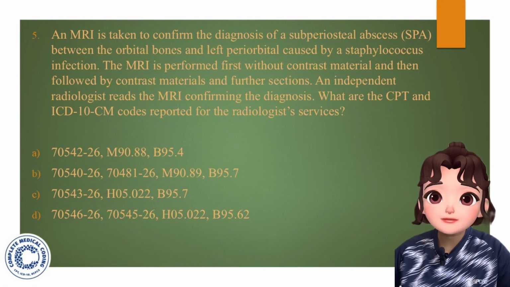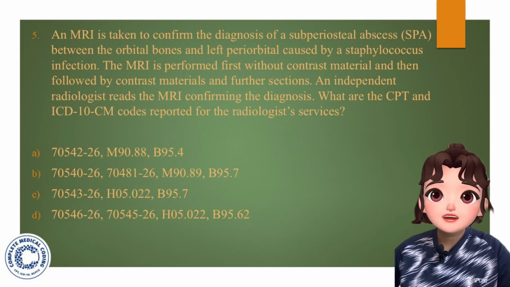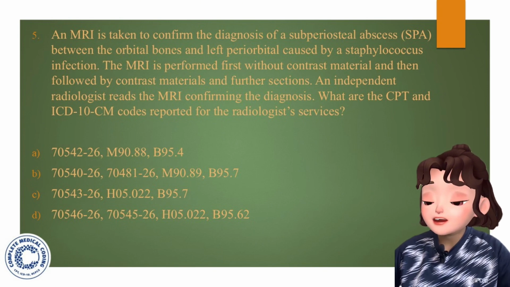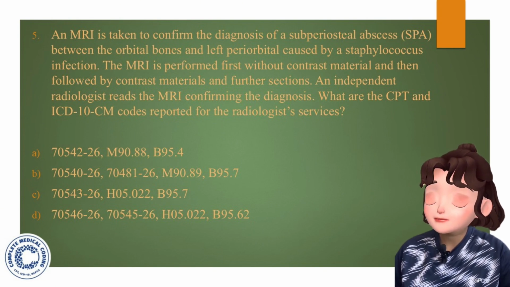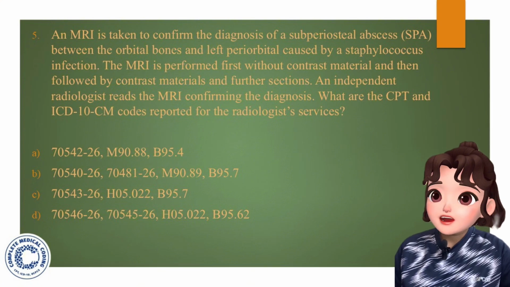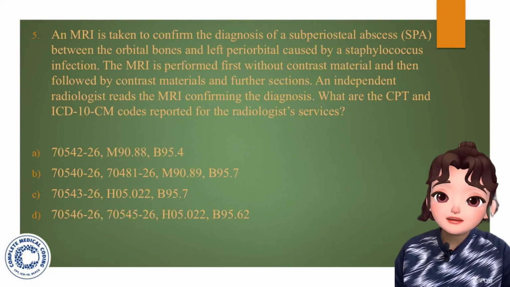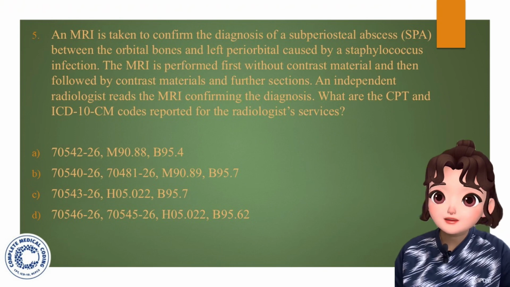Okay, so go to the options. What is the procedure done here? MRI. Here, first is without contrast material and then followed by contrast material. So MRI is the procedure done here. Let's go to the options one by one, then I'll explain it to you.